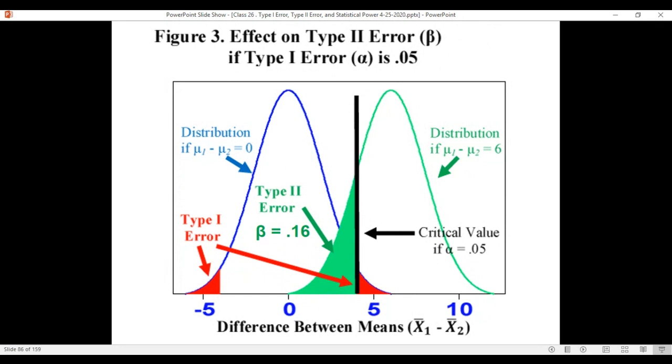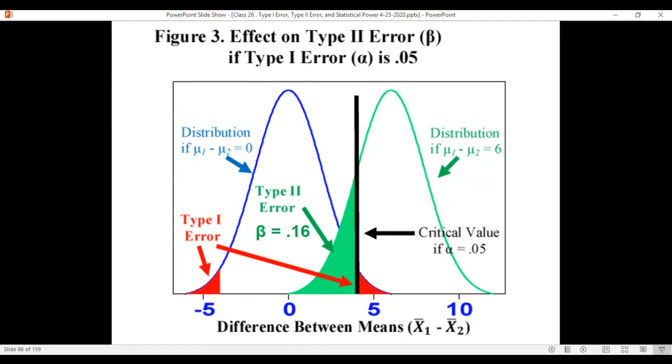That is, 16% of the samples in the true distribution fall into the green region. So for 16% of the paired samples, the researcher will make a type 2 error. Put another way, the probability of making a type 2 error is 16%.